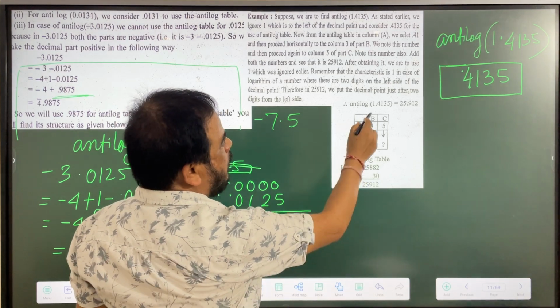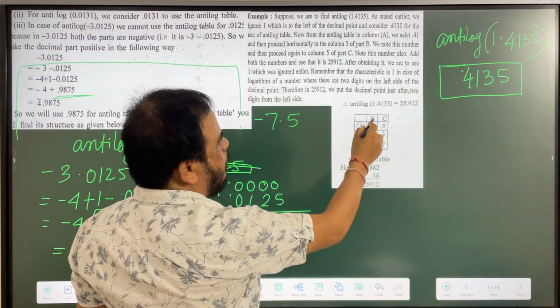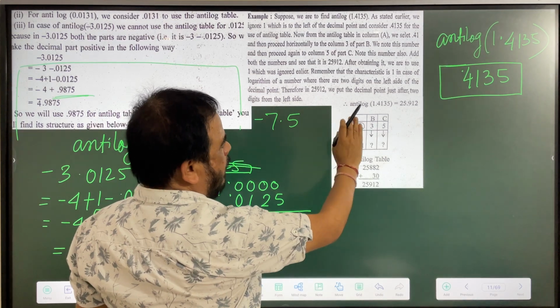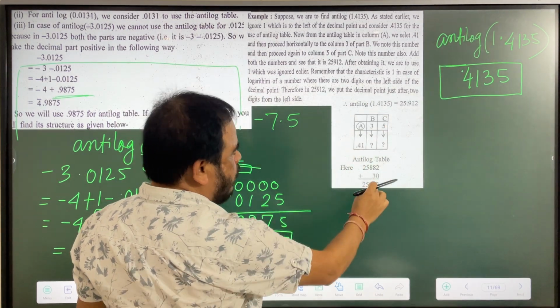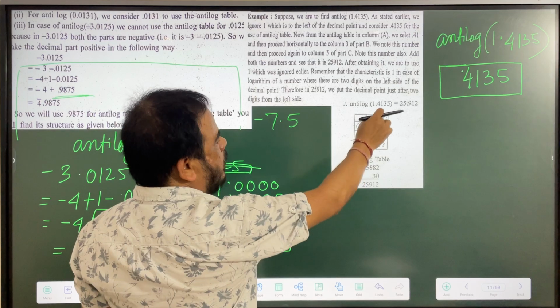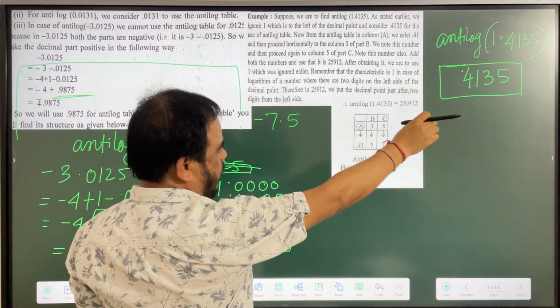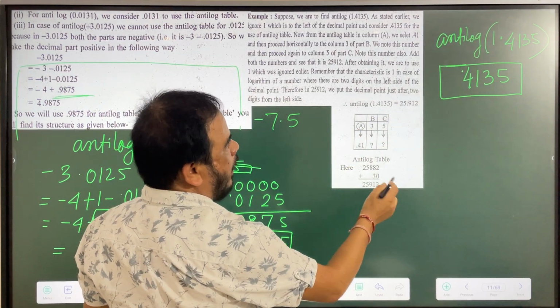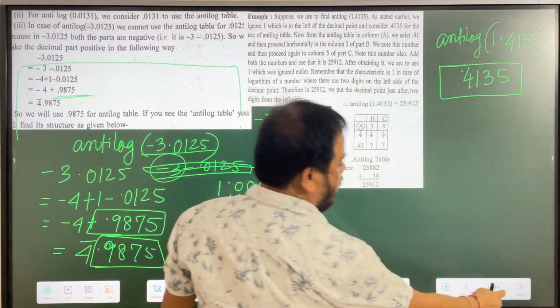So 41 3 5: A, B, C. In A the pair, B 3 line, 3 column, 5 column in mean difference. So 2591 we have got.